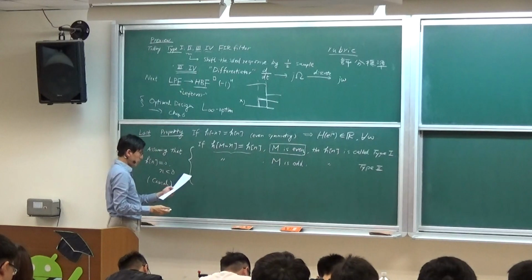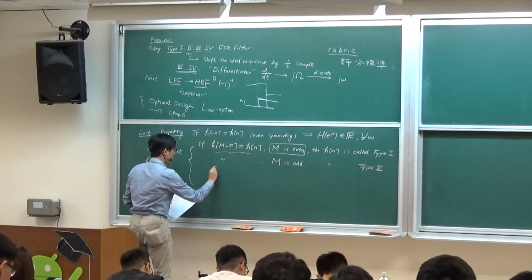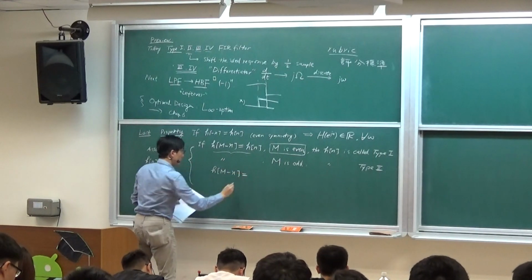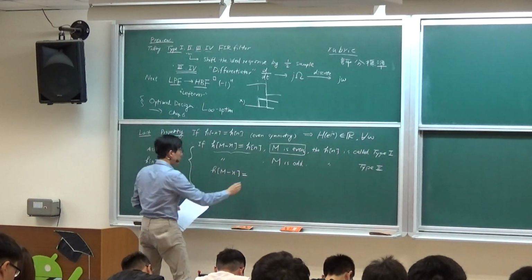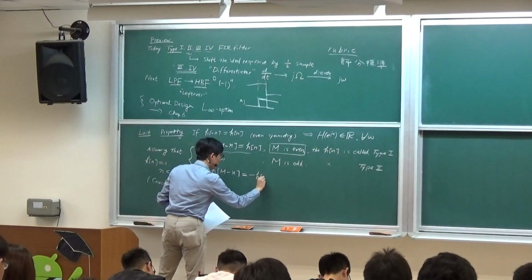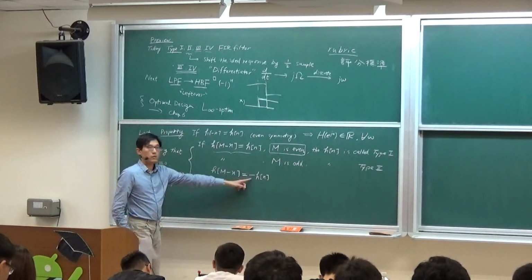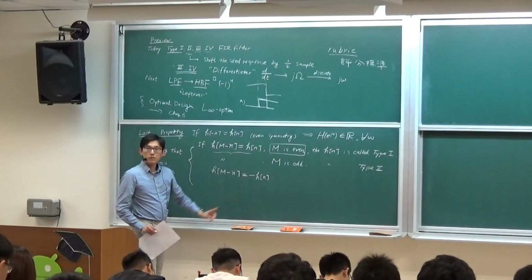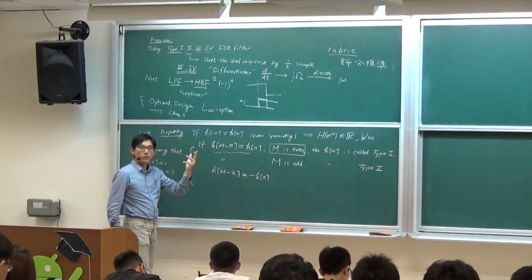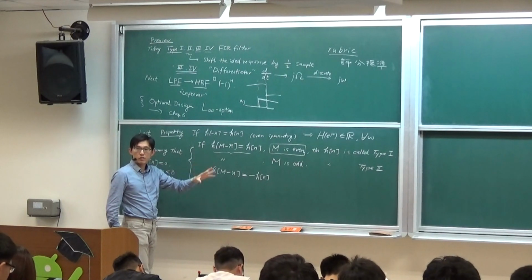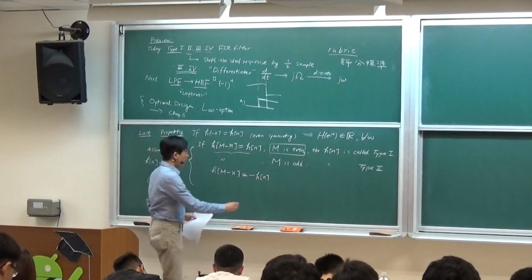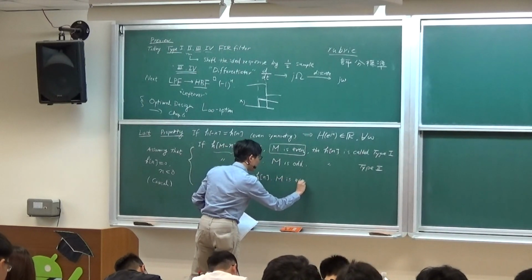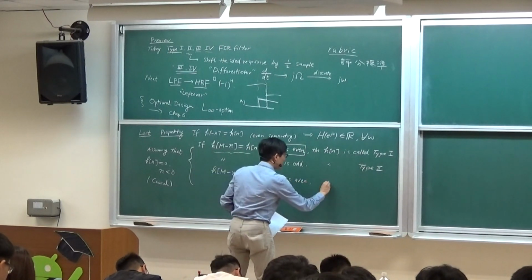And the third type is when h has this anti-symmetric relation with itself, there's a minus sign, okay? Minus n, minus m, and a minus sign here. If we flip it left to right and the sign changes, and if m is even, then this is type 3.